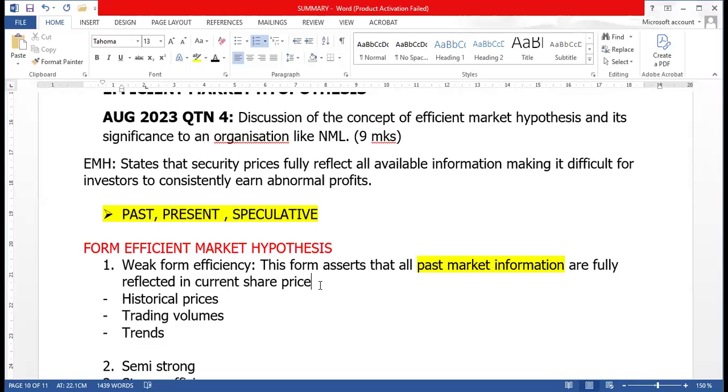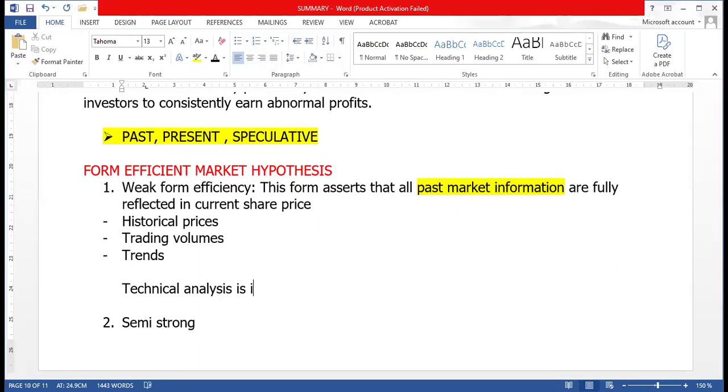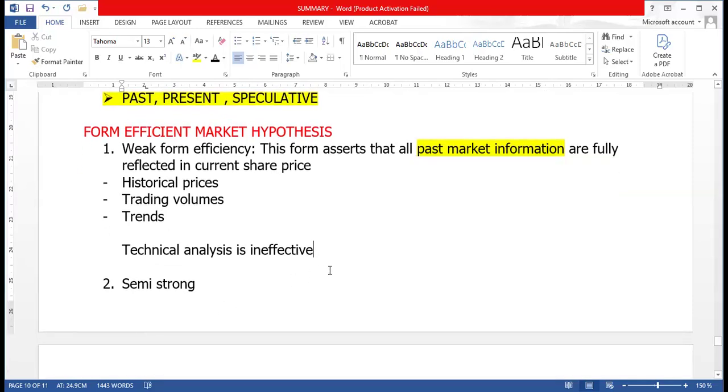So for weak form efficiency, technical analysis is ineffective. Those who rely on analyzing previous data will not succeed. You cannot apply those analyses to beat the market. So that is weak form.